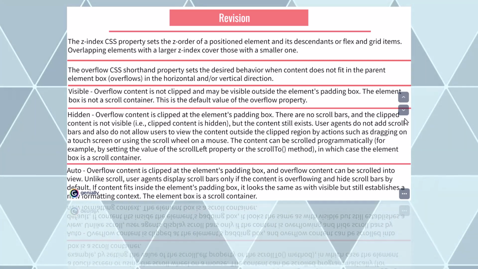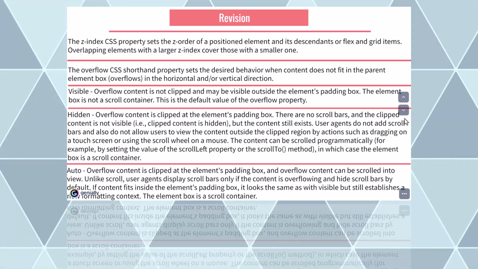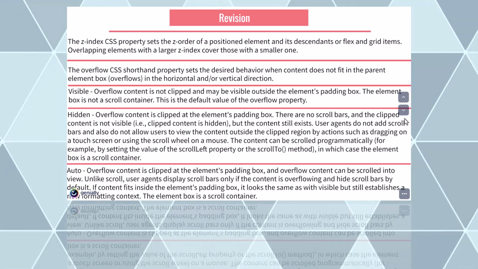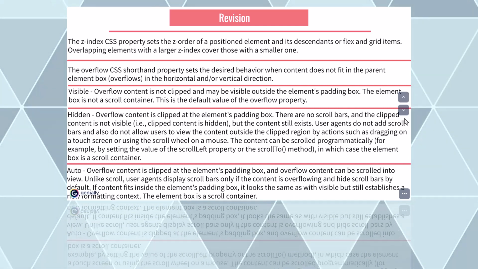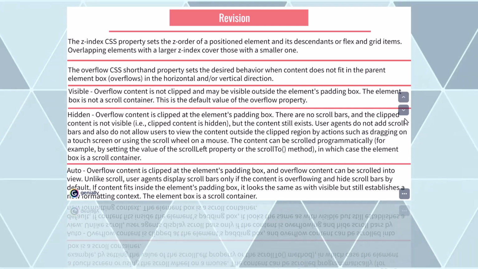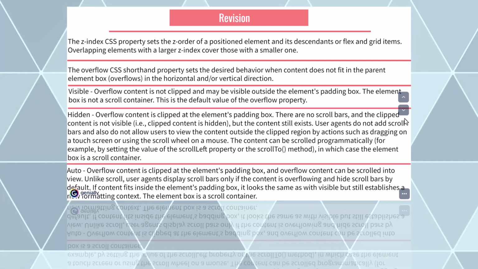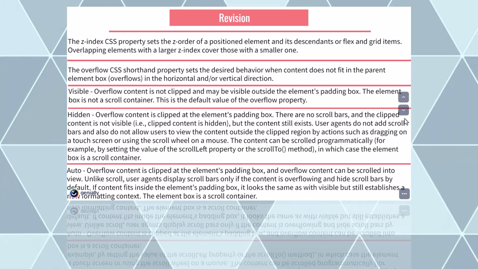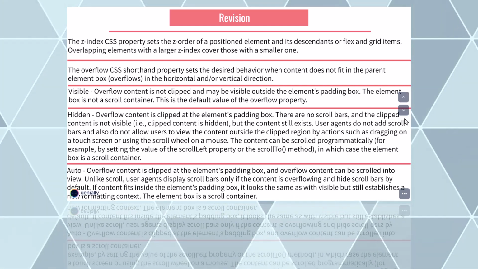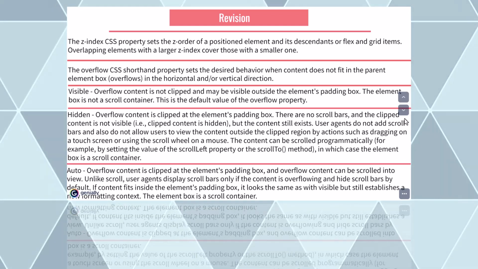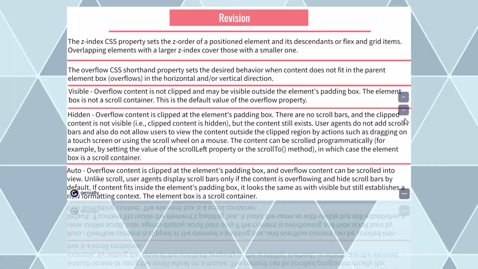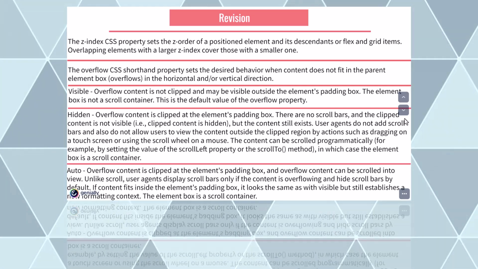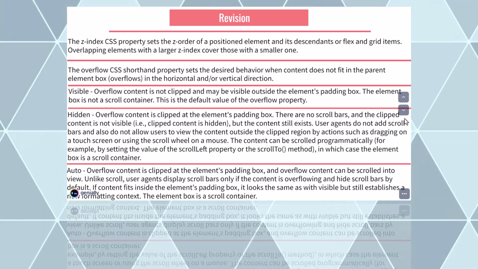So the overflow property sets the desired behavior when content does not fit in the parent box. So you can set it to visible, hidden, or auto. It's like how you want the information in the box to be handled if there's not enough space. Okay.